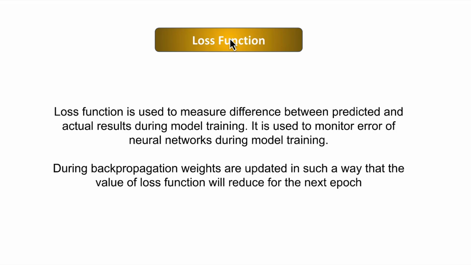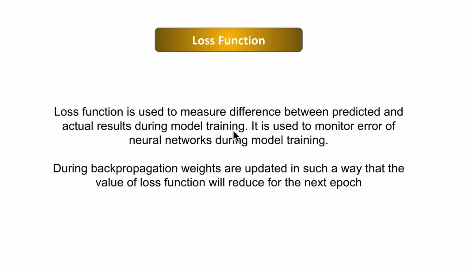And after this learning rate, the next thing is the loss function. Loss function is used to measure the difference between predicted and actual results during model training. And it is used to monitor the error of the neural network during model training. As I told you earlier, when we are passing input data at the input layer and calculating the value of the neuron at the output layer, there we are comparing that predicted value with the actual value.